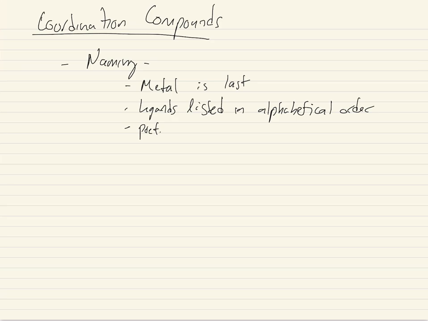They have prefixes for the ligands depending on their coordination number. So if you have a polydentate ligand, you have bis, tris, tetrakis, and so on for multiple ligands, whereas the monodentate ligands, right, we also talked about the different types of ligands.